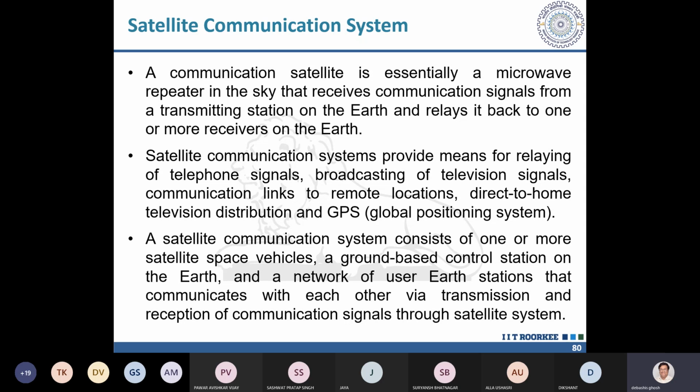Here, the charged particles in the ionosphere will act as a conducting boundary, and the reflection will take place because the free space boundary condition is violated.